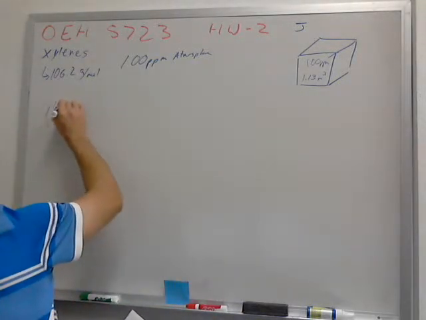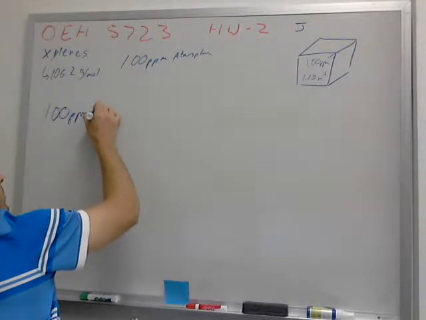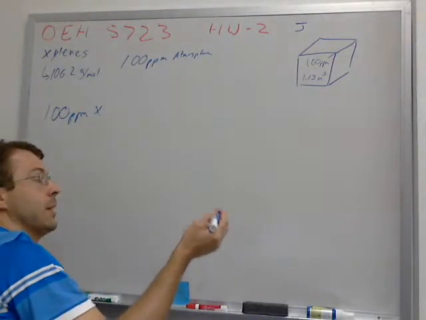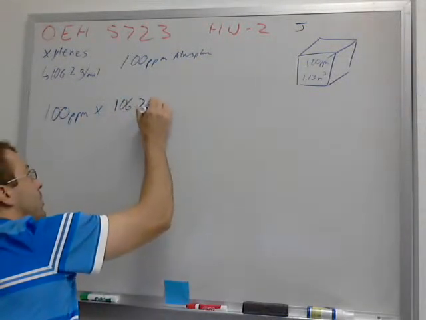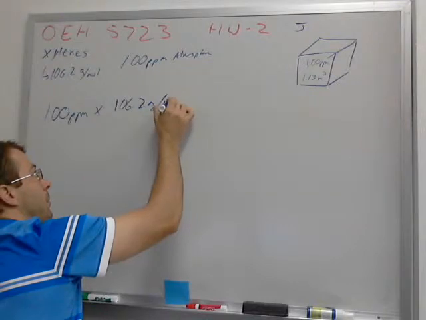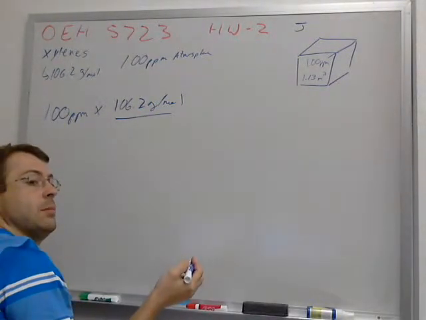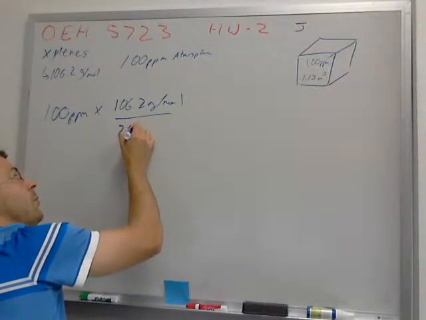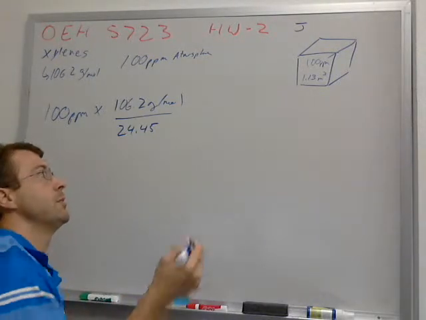So 100 ppm multiplied by something with mass, in this case the molecular weight, 106.2 grams per mole, divided by something with volume. In this case it's going to be the molar volume, which is 24.45 liters per mole at 25 C in 1 atmosphere.